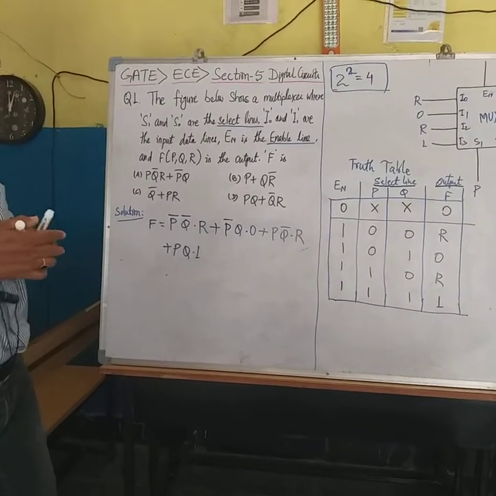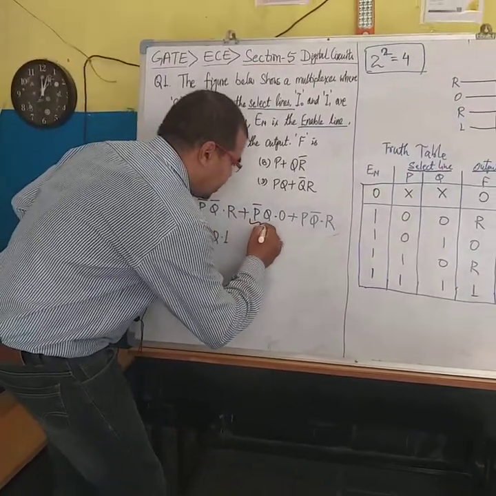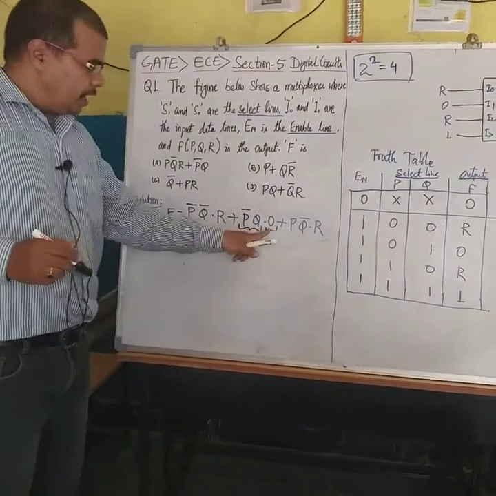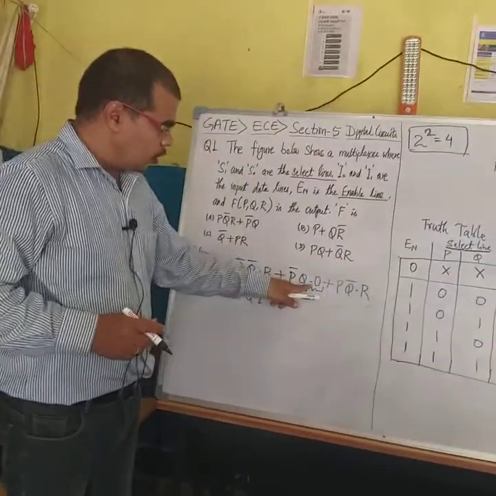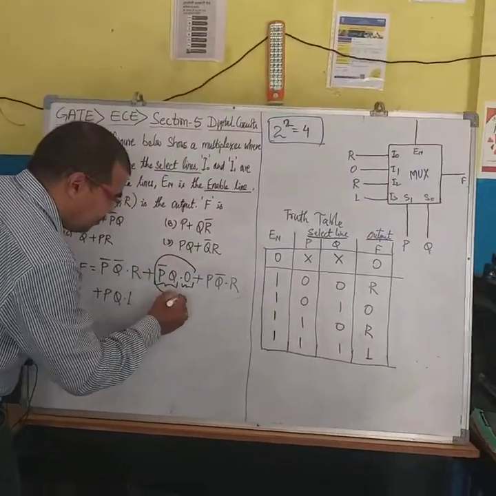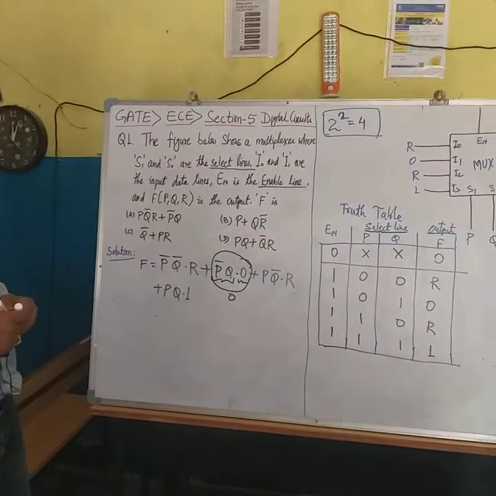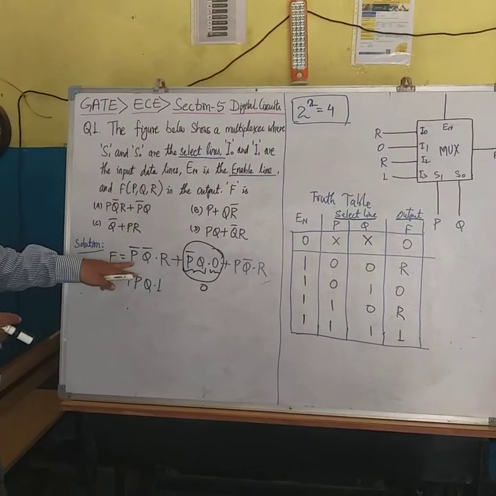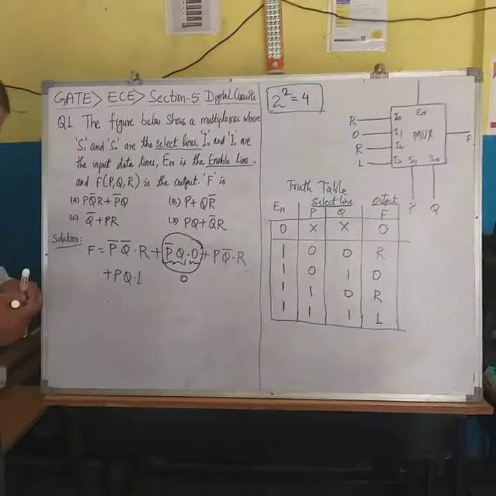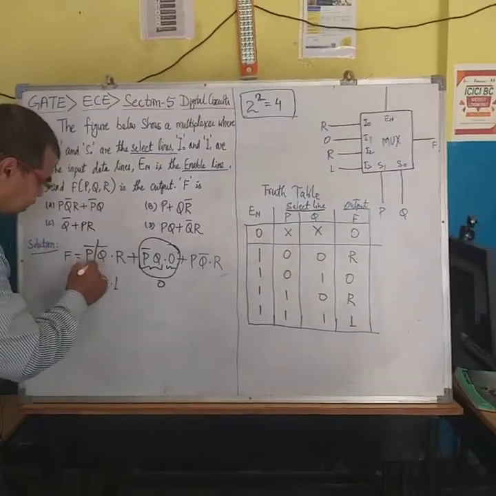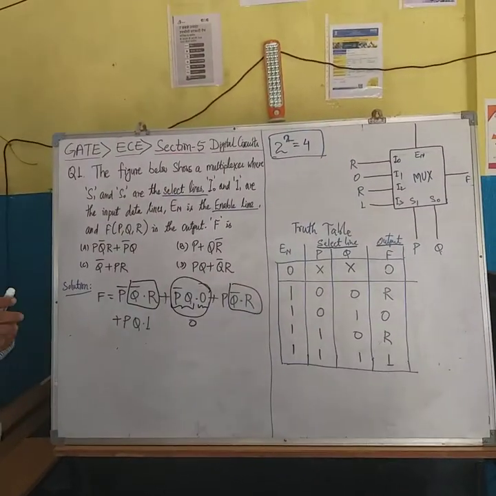Now in binary, we know that if anything is multiplied by 0, the term will be 0. So P bar Q dot 0, this entire term will be 0 only. Now we will go for the remaining. Here we are seeing P dash Q dash R and P Q dash R. Here we can take Q dash R as common.